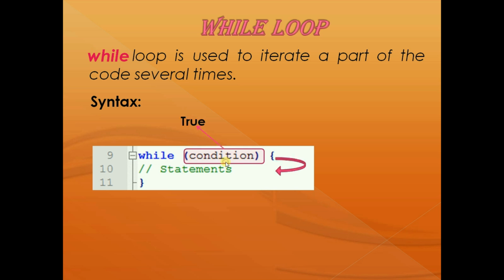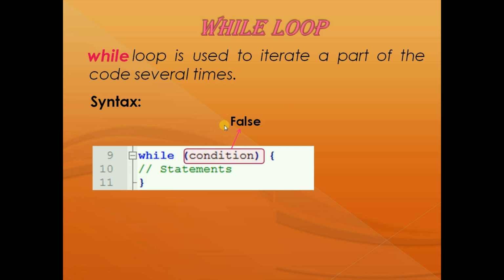If the condition holds true, then the body of the loop is executed, and after execution of the loop body, the condition is tested again, and if the condition is true, then the body of the loop is executed again, and the process repeats until this condition becomes false.